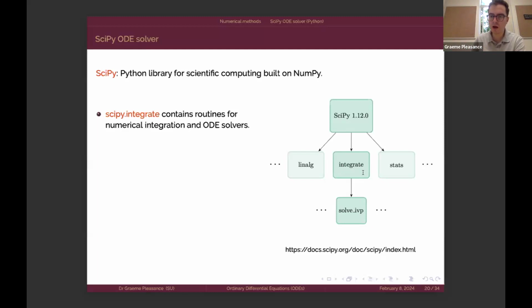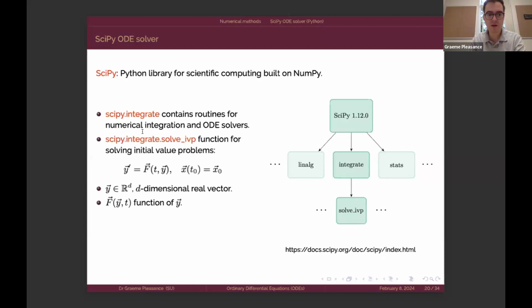For the RC circuit example, I plotted the analytical solution that depended on a homogeneous term and a second inhomogeneous term that contained an integral. To calculate this integral, I used another function from the integrate package, called quad. So this integrate subpackage does contain other functions that can be used to numerically calculate integrals, or to solve ODEs as well, but we mainly will be focusing on this solve_ivp function.